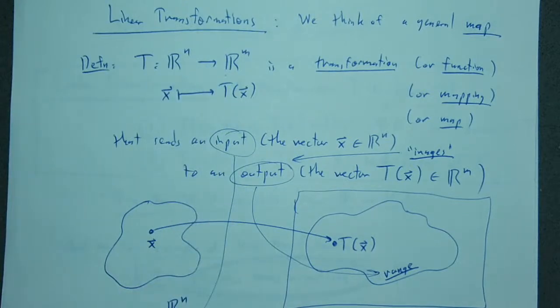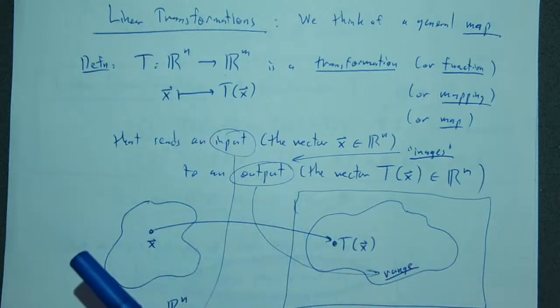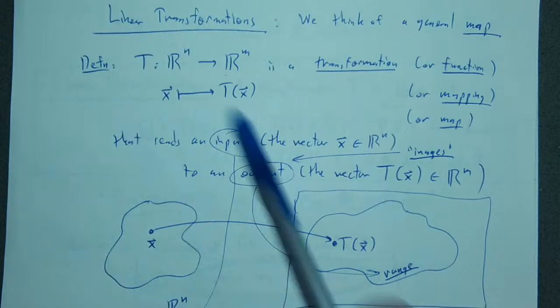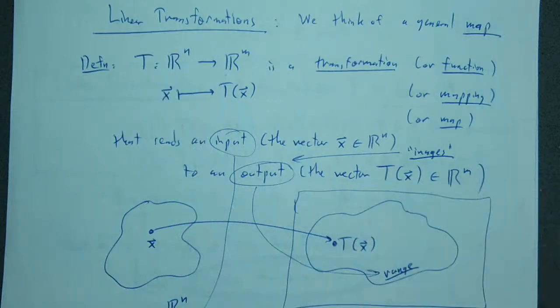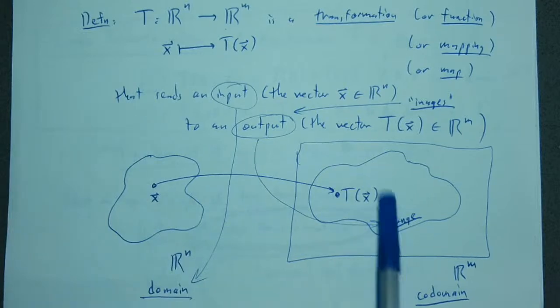We'll talk about vector spaces later, and you'll see where all this stuff is wrapped up. So anyway, this is specifically a function between n and m dimensional Euclidean space. It takes in a vector in Rn, spits out a vector in Rm. The collection of all the vectors you're allowed to take in is the domain.